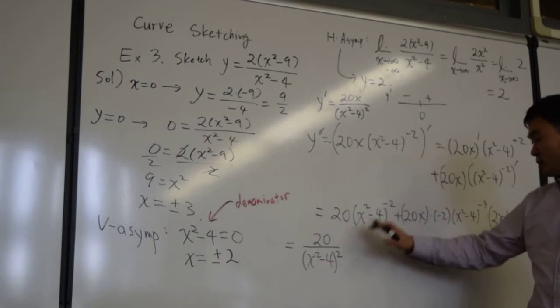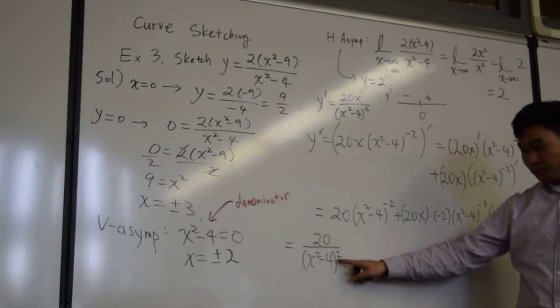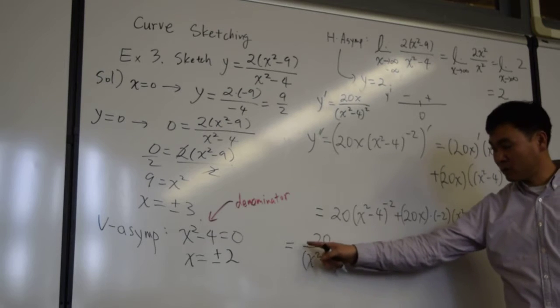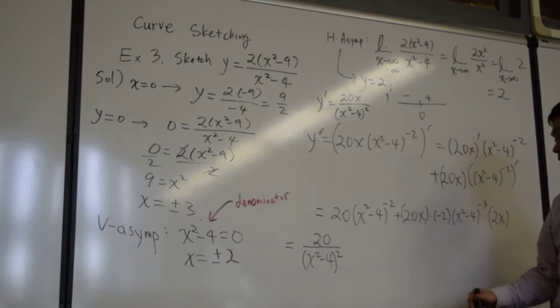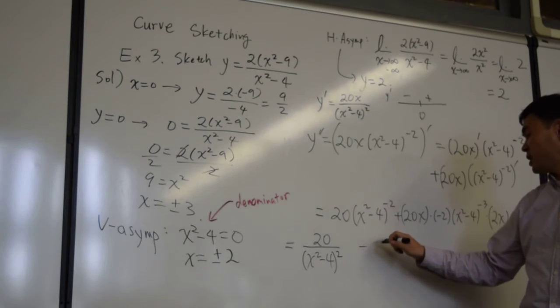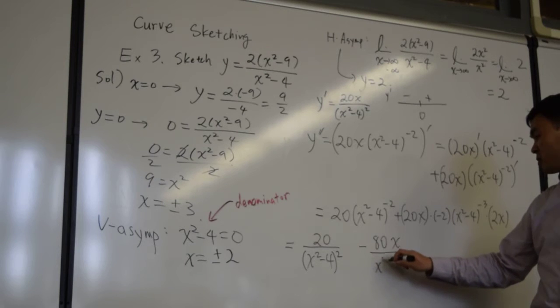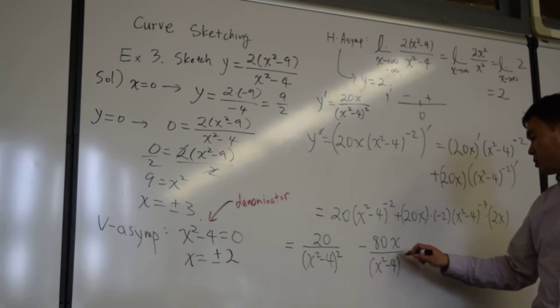So you have to go back to the fractional form. So negative power means positive power with the denominator, placed in the denominator. Same thing here. Let's see, negative 2 times 2 times 20, that's 4 times 20, that's 80, right? It's negative 80x divided by (x squared minus 4) cubed.